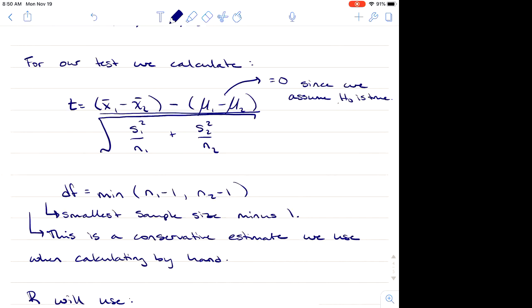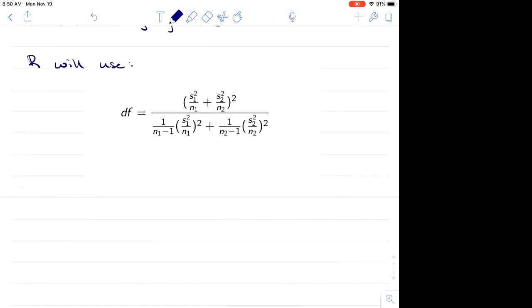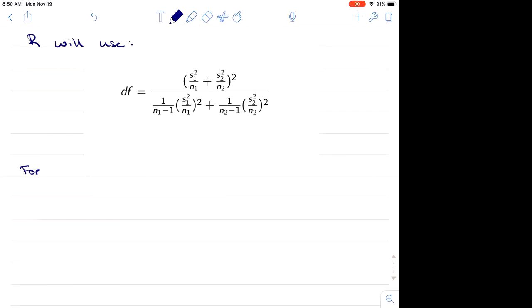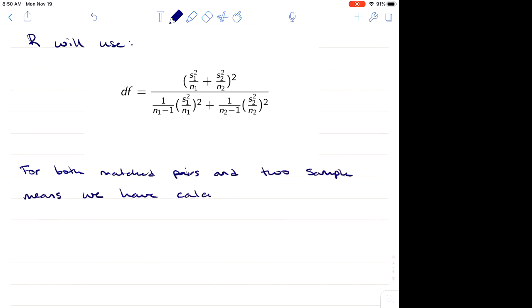For both matched pairs and two sample means, we have calculated a t in our test and found our degrees of freedom.